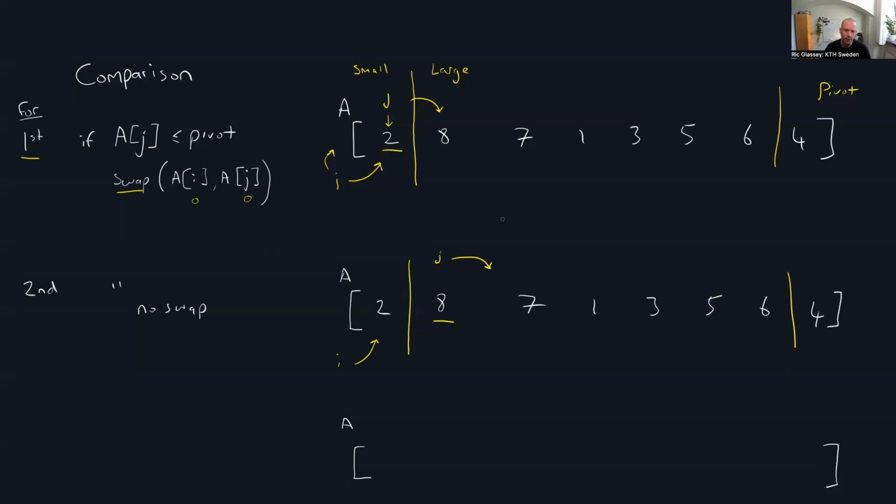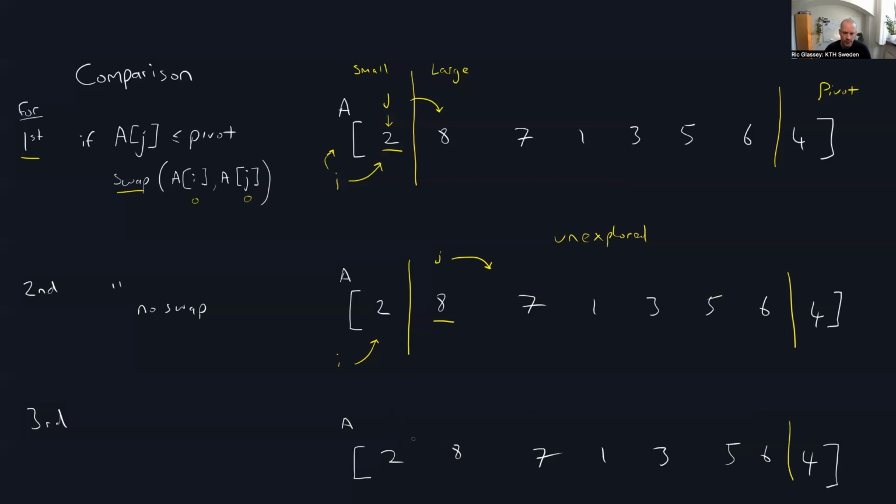Then we get this idea that these are all the unexplored numbers. But this for loop is going to drive j along, so we visit each of them. So then we move on to the third iteration, and 2, 8, 7, 1, 3, 5, 6, and 4. Our partition.